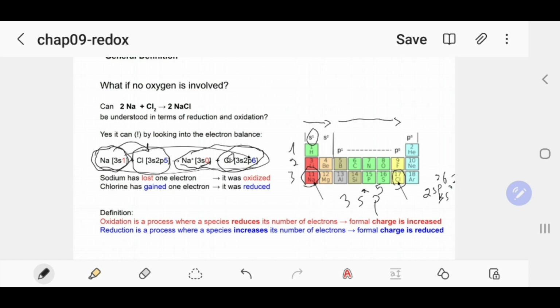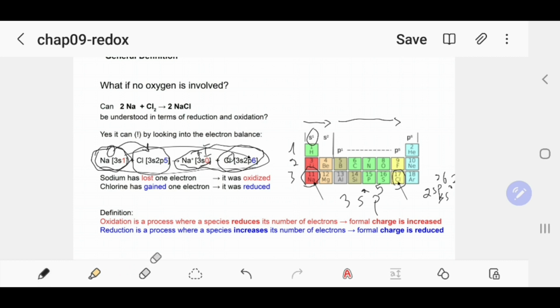In this case, from 1 to 0 means that the number of electrons for the sodium is reduced, but the charge is increased. Here the charge is neutral, so it's 0, and here the charge is +1.